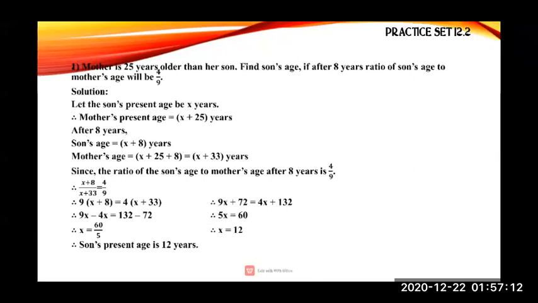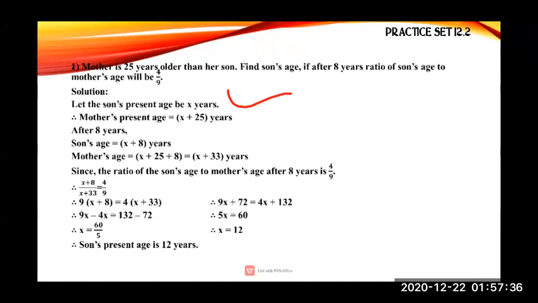Now the first solution, here we will assume the son present age be x years. See here we will assume that the son present age be x year. So the mother present age will be x plus 25 years.